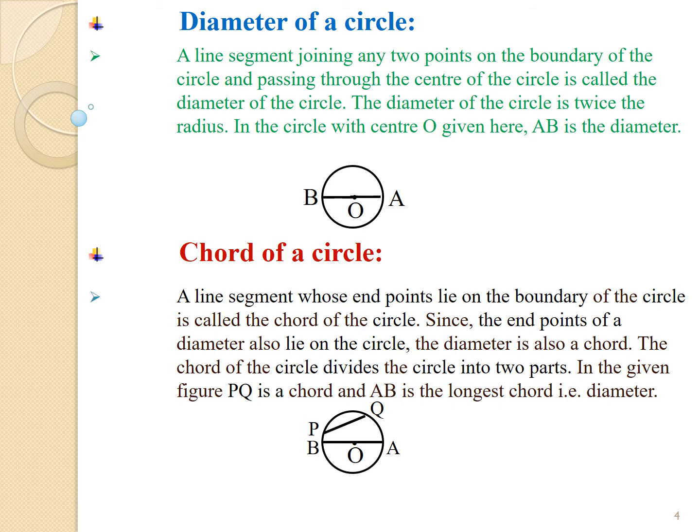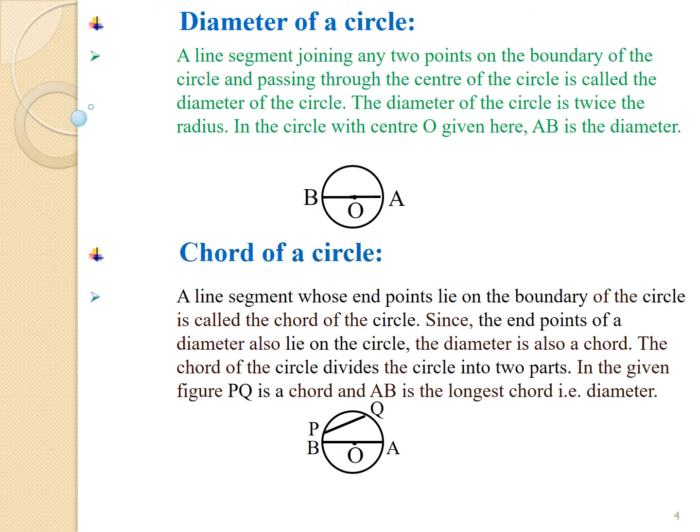In the circle with center O given here, AB is the diameter, where both point A and point B lie on the boundary of the circle, passing through the center of the circle O.